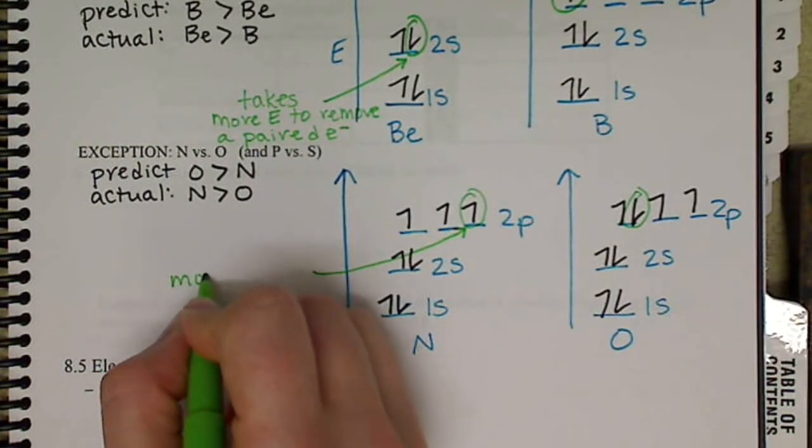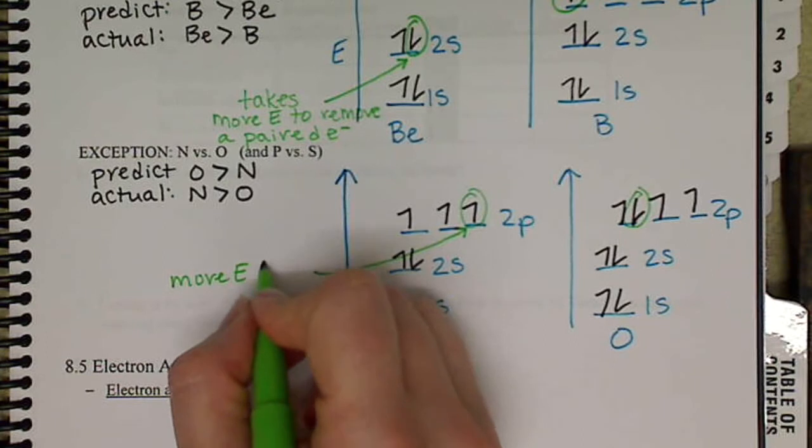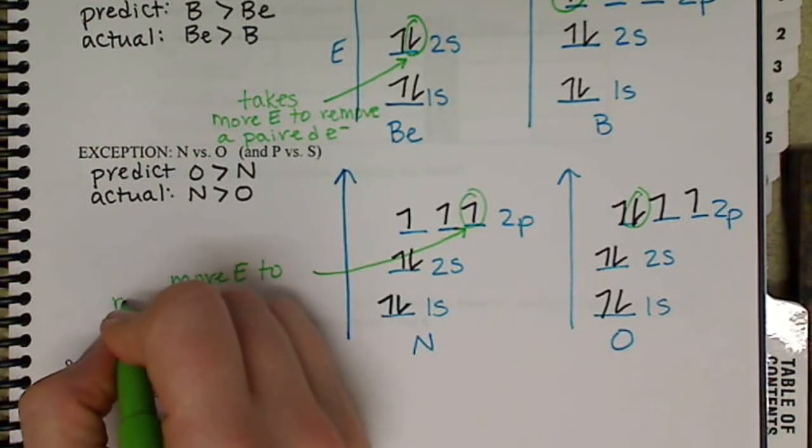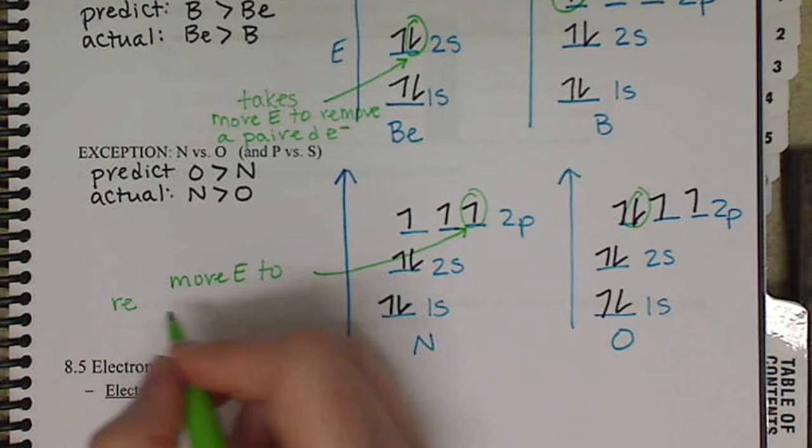So it's going to require more energy to remove an electron from a half full subshell.